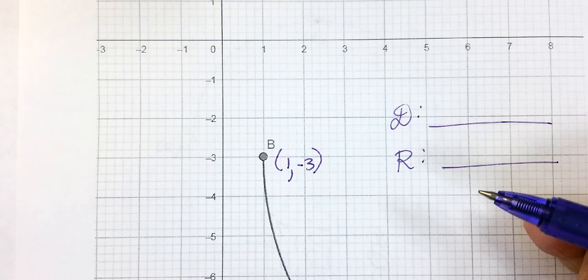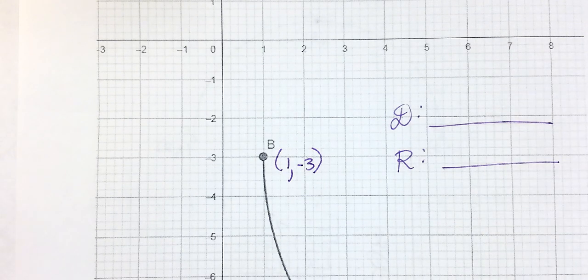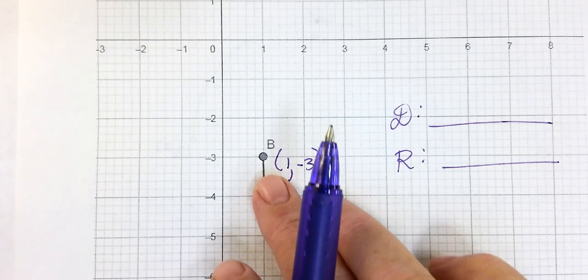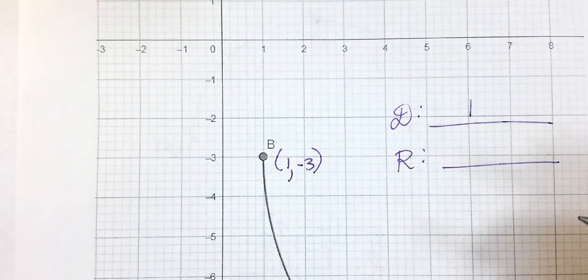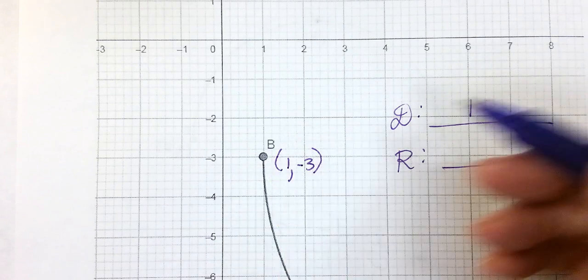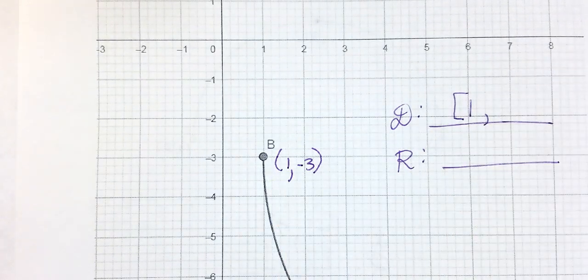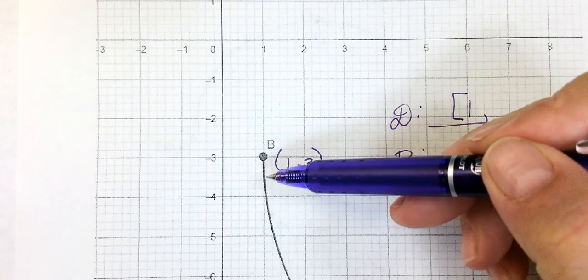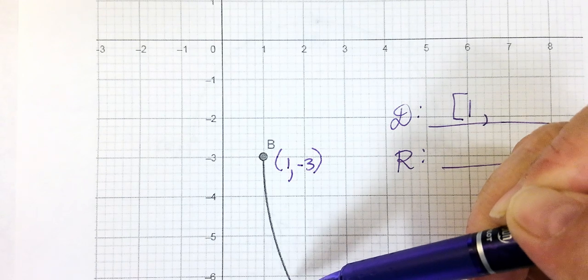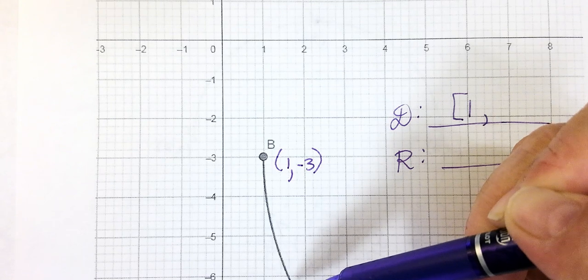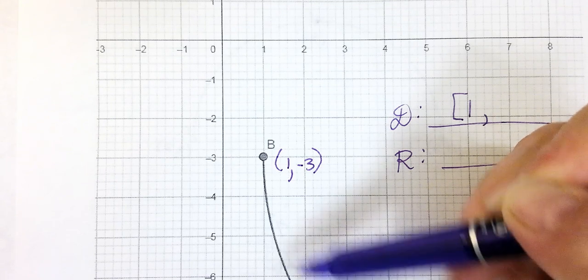Now, our domain, let's just think about what we have been talking about. Domain is left to right x values. So our leftmost x value comes up here, and it is the x value 1. So we're pulling this 1 out of this graph. And this is a closed circle, so that will be a bracket. But how far right does this go? If this just goes off the graph and there's no point notated, closed in, it doesn't stop, you need to assume that this keeps going.